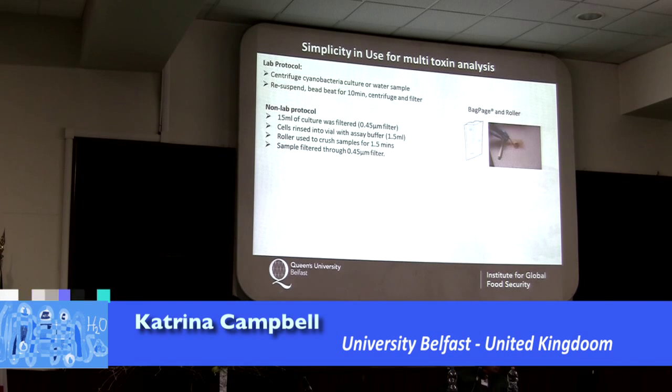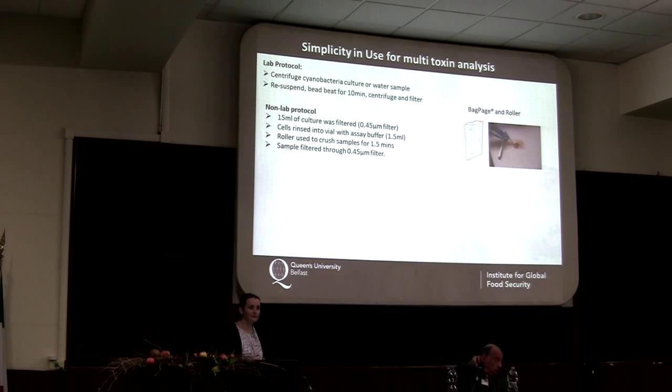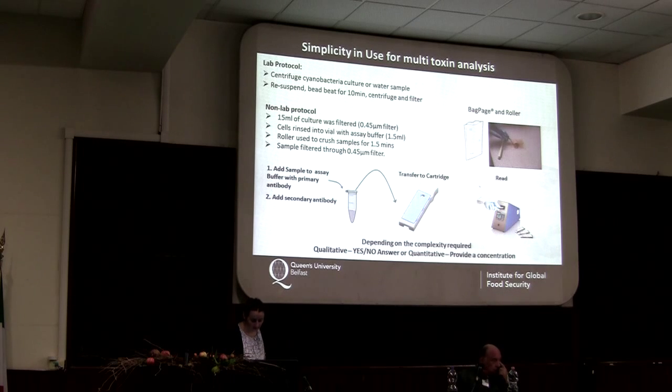So the culture's filtered, the cells are rinsed into a vial, and a roller, like your paint roller, is used to crush the sample in the bag to lyse the cells and release the toxin. And the sample is then filtered again through a 0.45 filter. And that is a method that can be used out in the field.